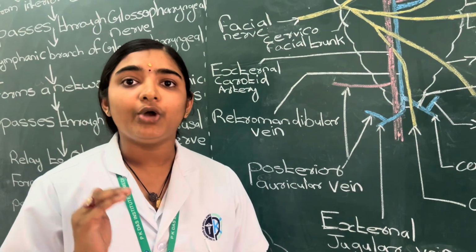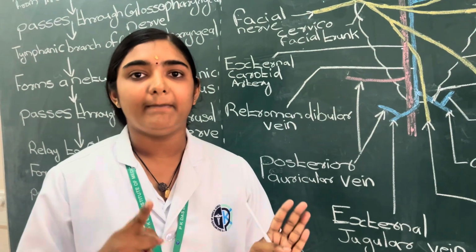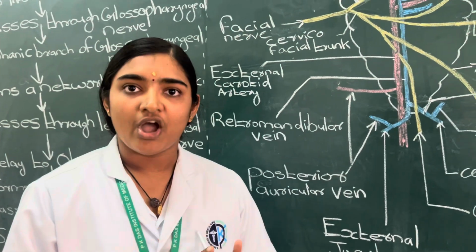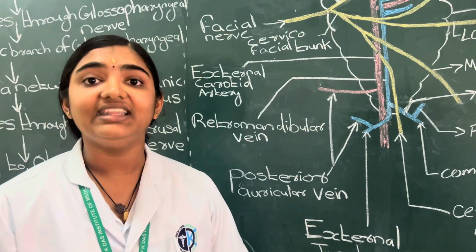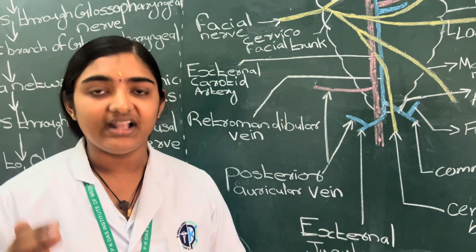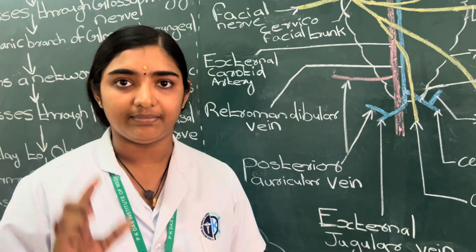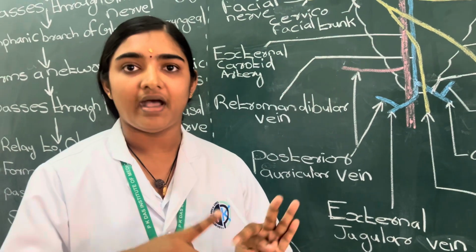Then the anteromedial surface is related to the medial pterygoid, masseter, lateral aspect of the temporomandibular joint and the posterior border of the ramus of the mandible. Then the posteromedial surface is related to the muscles that arise from the styloid process and mastoid process.